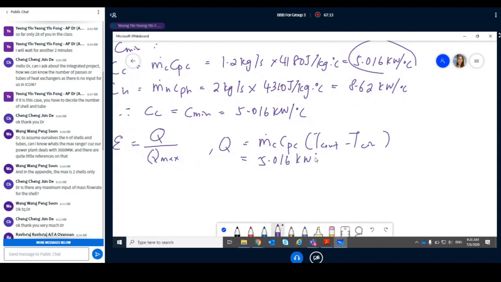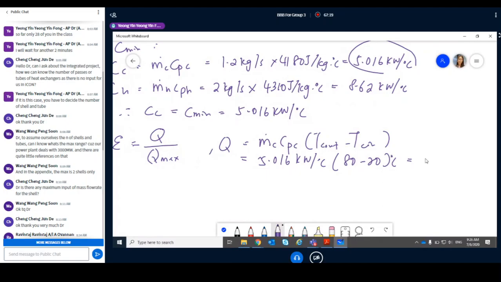80 minus 20, then you can get, okay. Then Q max is also simple. It is equal to C mean, TH in minus TC in. So C mean is this one.